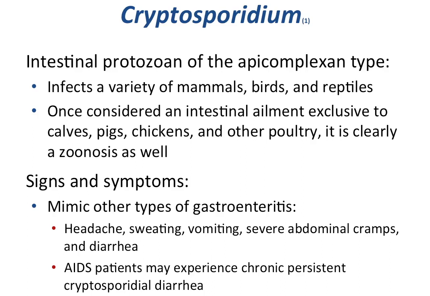If the meat of cattle, pig, chicken, and other poultry is contaminated by this organism, humans may get the infection. The symptoms are headache, vomiting, nausea, cramping, and diarrhea. AIDS patients may have a chronic disease induced by this organism.